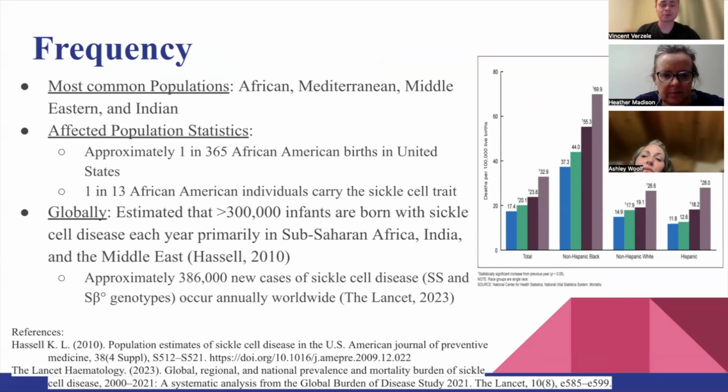This is important because if you look at the statistics, approximately 1 in 365 African American births in the US will have this genetic disorder, and 1 in 13 African Americans can carry the sickle cell trait. Globally, an estimated 300,000 infants are born with sickle cell anemia, primarily in sub-Saharan Africa, India, and the Middle East based on the research. And approximately 386,000 new cases of sickle cell disease occur annually worldwide, which is a pretty large amount.